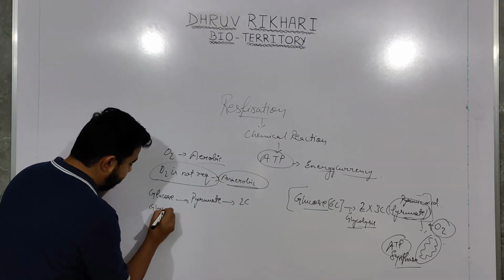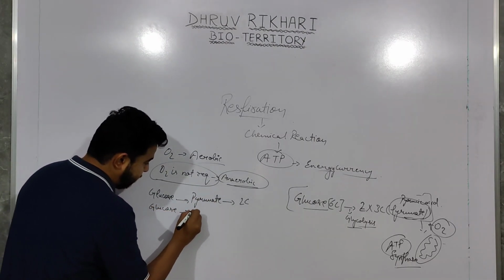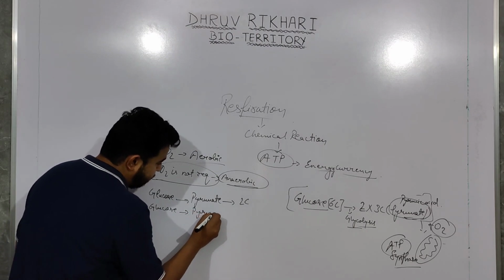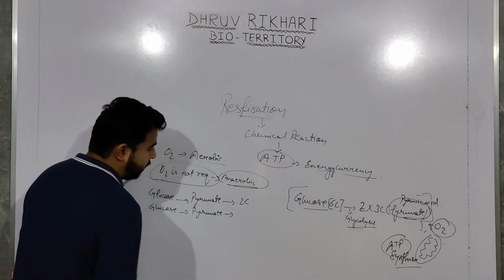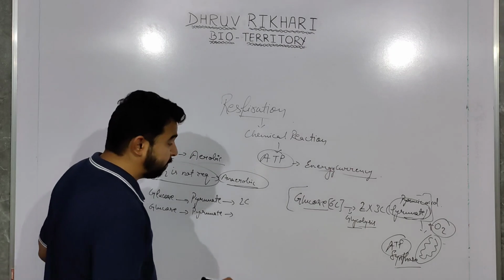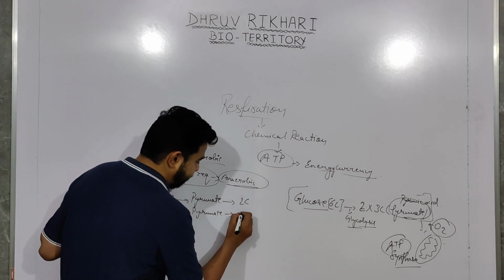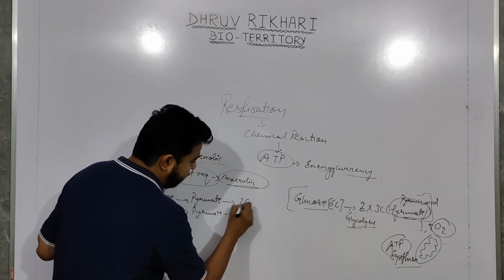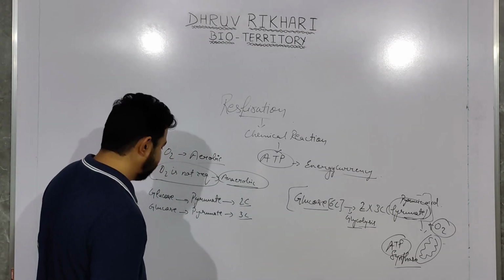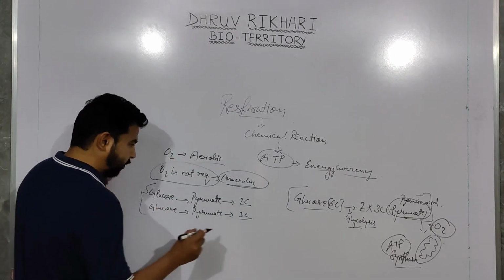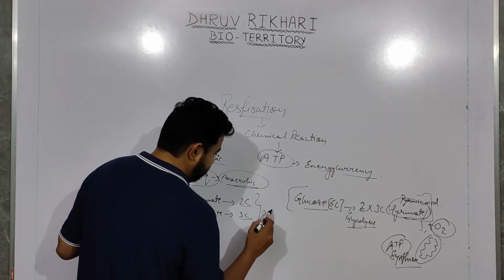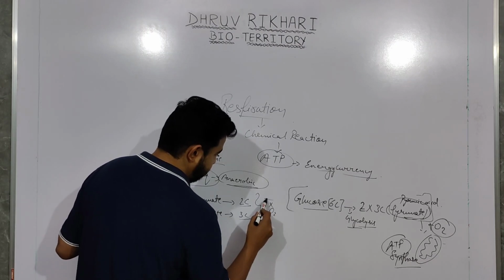And in the case of lactic acid production, lactic acid is produced within the muscles due to fatigue, so they will form 3-carbon molecules. So these 2 reactions take place when there is no oxygen.